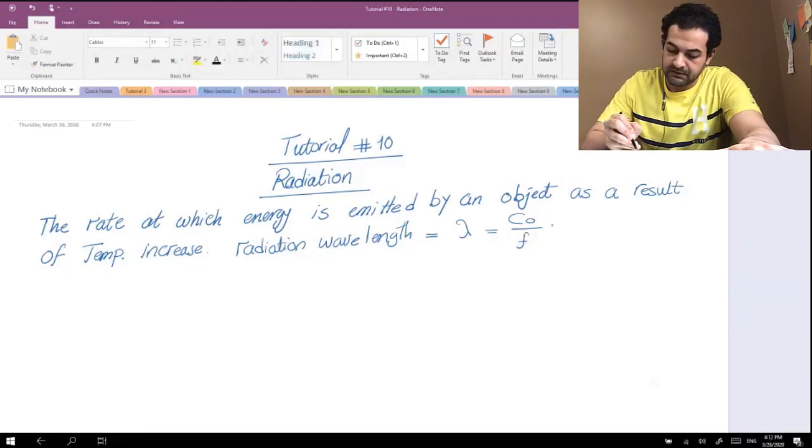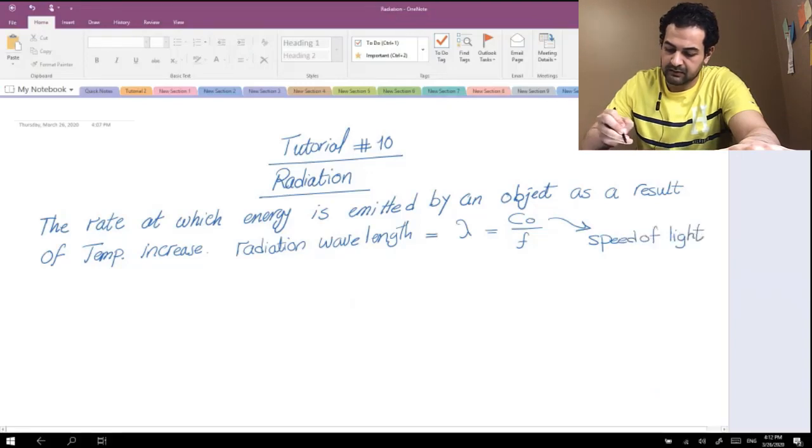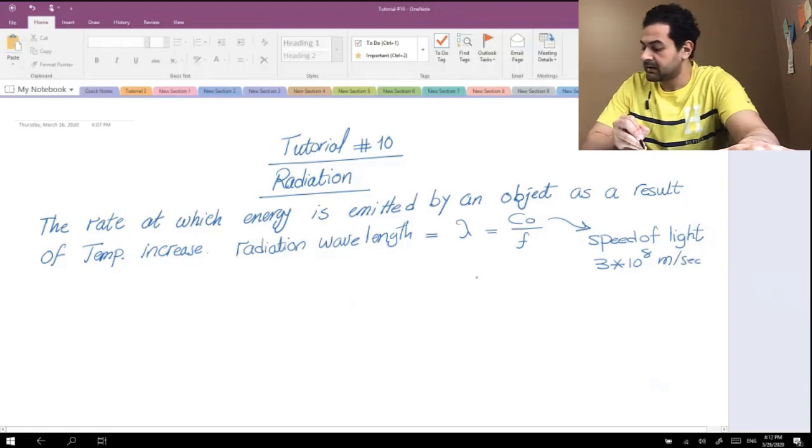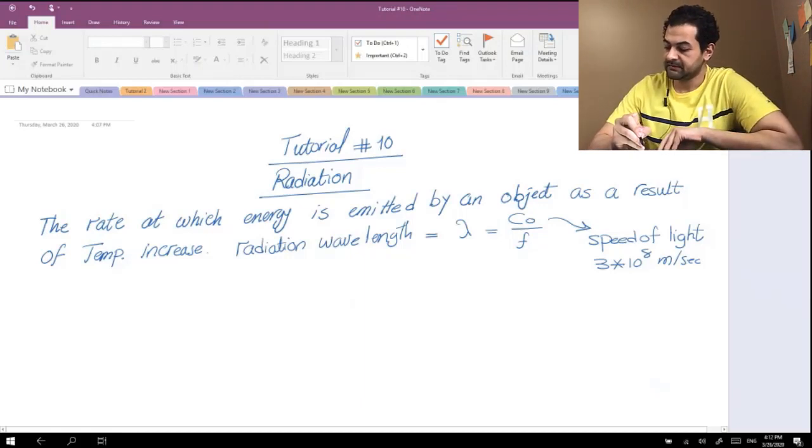All right. So C node is the speed of light, which is 3 multiplied by 10 to the power 8 meter per second. So this is the definition of the radiation wavelengths.